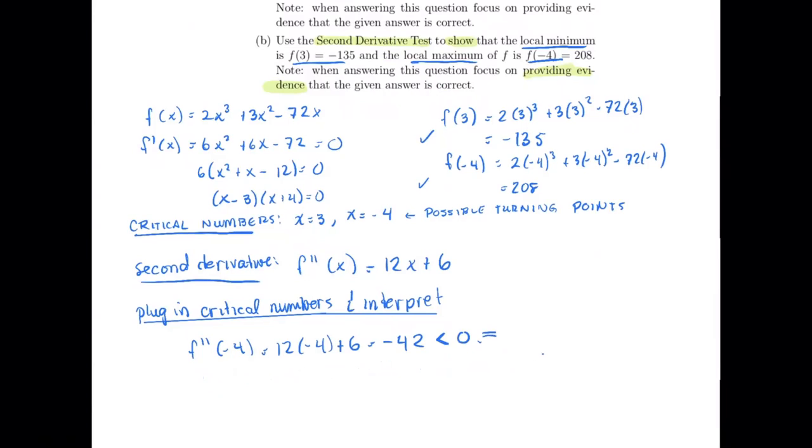You took the second derivative, it was less than 0, and you said concave down, which I like, because this shows me you know what's going on. And then you just need hence or thus f of negative 4, which you already know the answer for. You didn't have to do all this work over here, but some of you did. But hence f of negative 4 is a local max. So I know from your work that you understand that being negative is a local max.